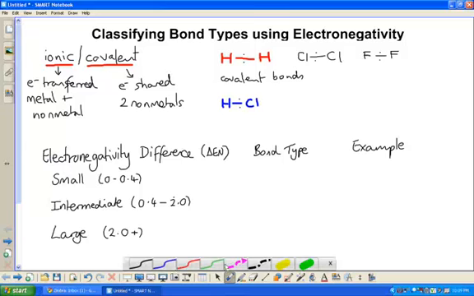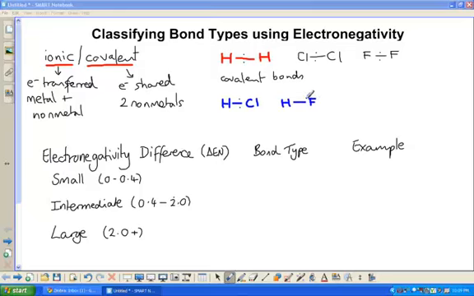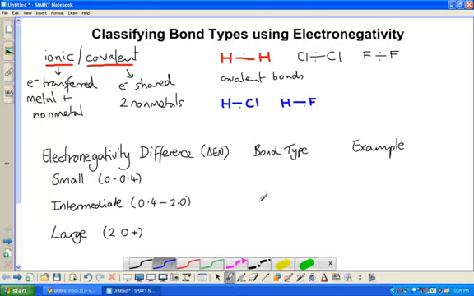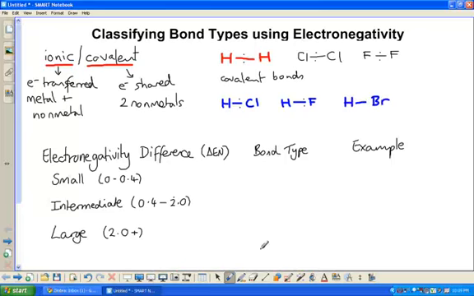If we were to draw out a molecule of HF, then we would see exactly the same thing, except the electrons will be displaced even further towards fluorine. And if we were to do something like HBr, for example, it's still exactly the same sort of thing, but for some reason the electrons would be closer to the middle than for HF or HCl.